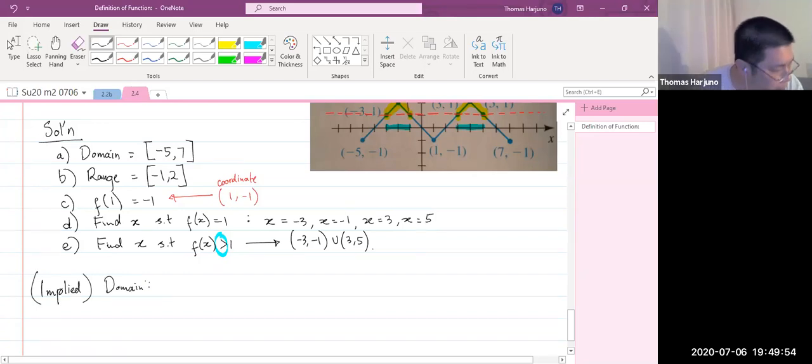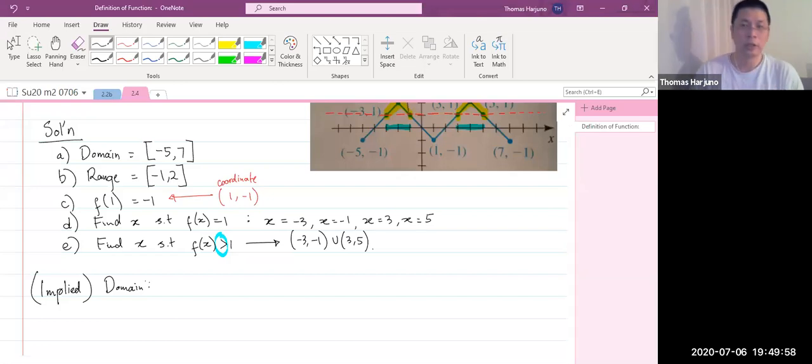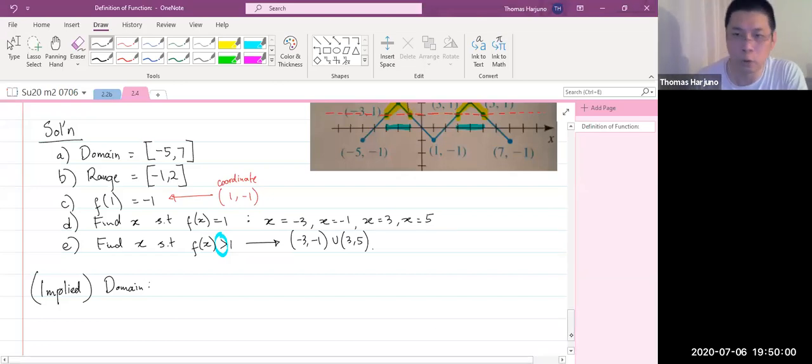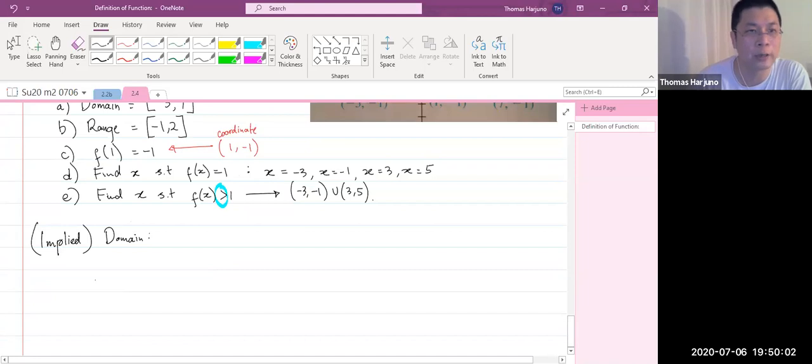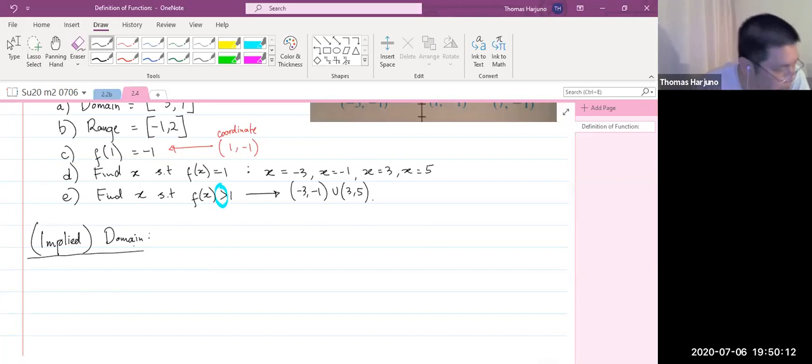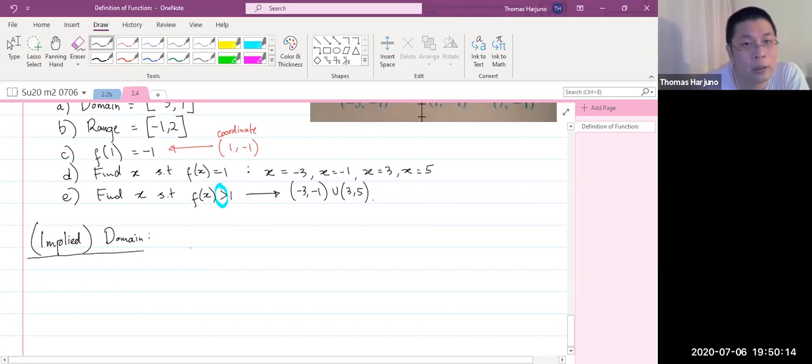Suppose we are given a function. Can we tell the domain? Of course, most of the time, not by looking at that. We need to do something. But knowing those basic functions that I showed you before enables us to figure out the domain when we modify the question a little bit.